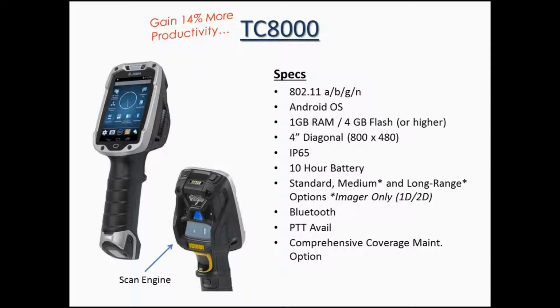So batteries, holsters, mounts, all of those accessories do work with this, which is a nice feature that Zebra did for us. Some of the improvements, and I apologize, I forgot to make a note, are the different operating systems. We can do Windows Mobile still, CE still, but most importantly, Android.